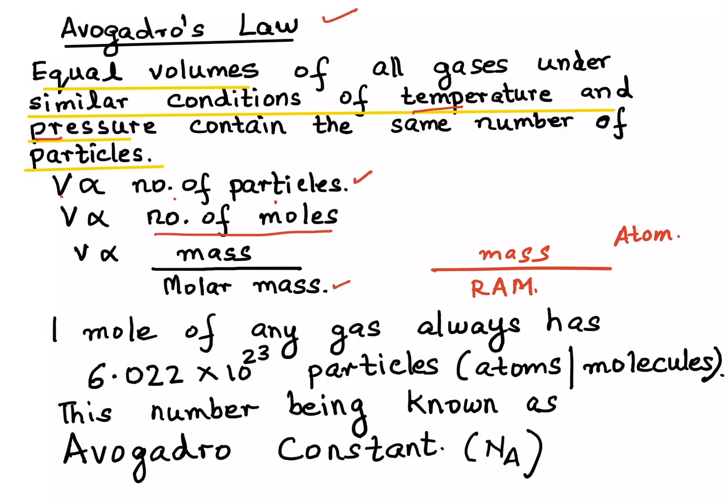We also know the Avogadro number or the Avogadro constant, denoted by Na. What does it stand for? Na or Avogadro constant is the number of particles in 1 mole of any gas, which is 6.022 into 10 to the power 23 particles at STP.